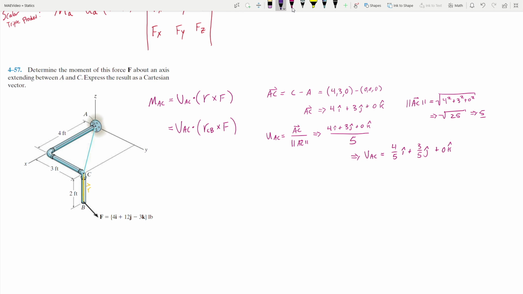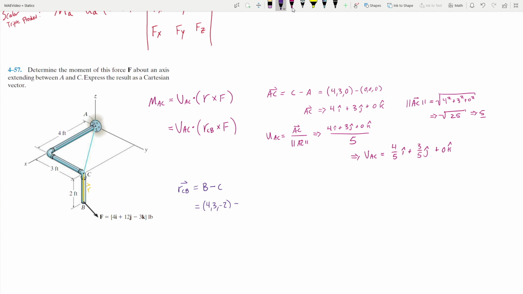Now from here, we need to find our vector RCB. So similarly, RCB is going to be from point B minus from point C, since we're going from C to B. And B, the ordered pair there, is going to be 4, 3, -2 from our diagram to the left here.